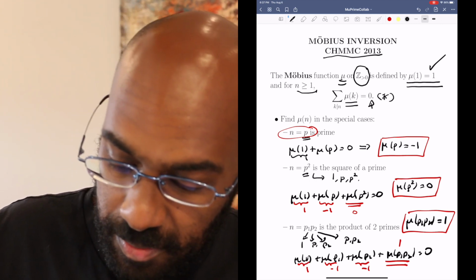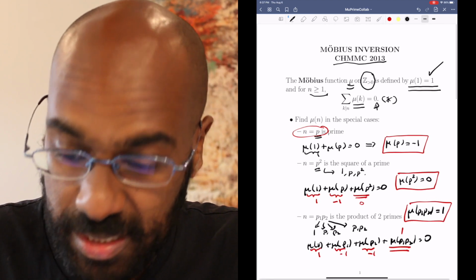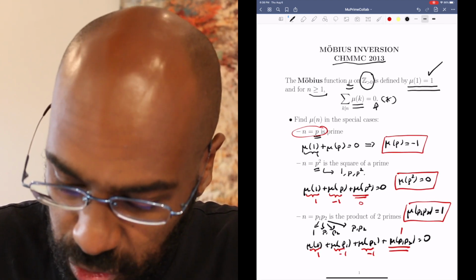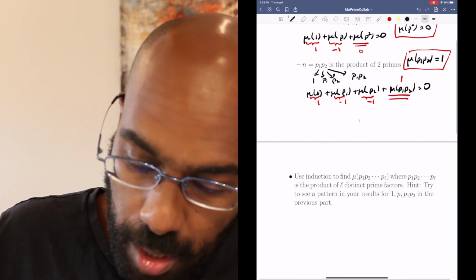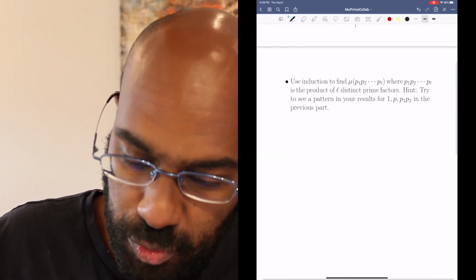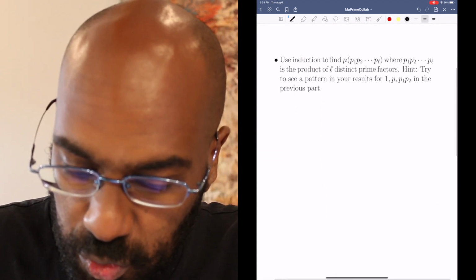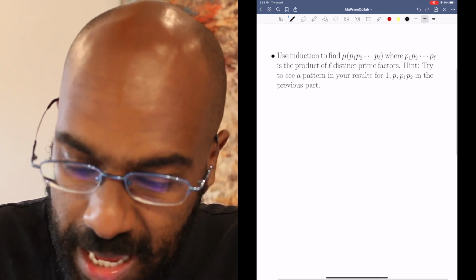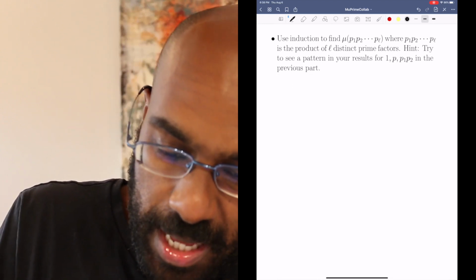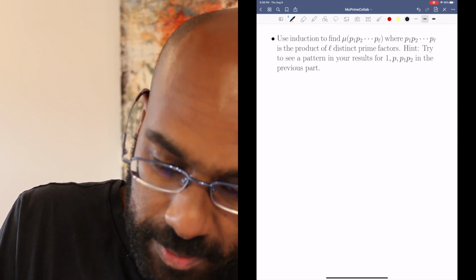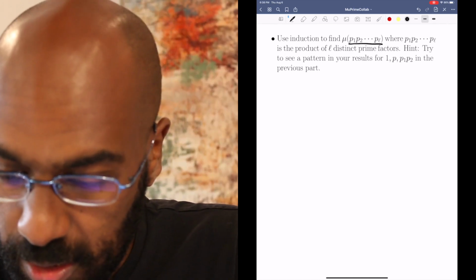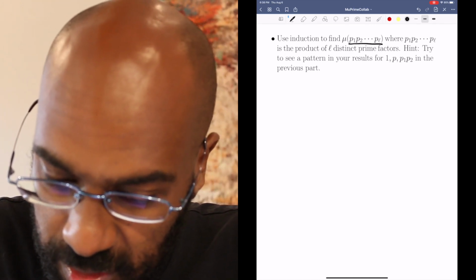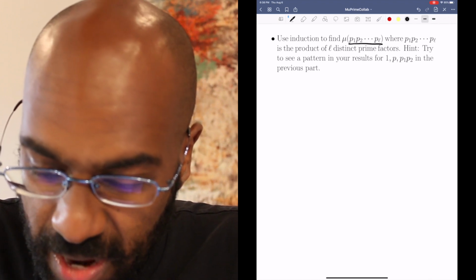Okay, and we have some cases here, so we're going to dive in and see what happens with other types of integers. So the problem on the CHMMC actually first discusses what to do when you have mu applied to a product of primes where the primes are distinct, right? So this is a product of L distinct prime factors.